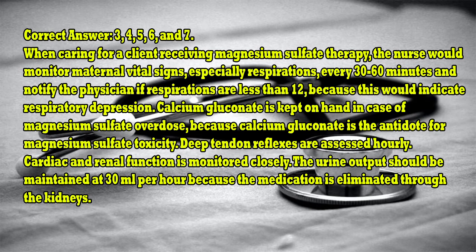Calcium gluconate is kept on hand in case of magnesium sulfate overdose, because calcium gluconate is the antidote for magnesium sulfate toxicity. Deep tendon reflexes are assessed hourly. Cardiac and renal function is monitored closely. The urine output should be maintained at 30 milliliters per hour because the medication is eliminated through the kidneys.